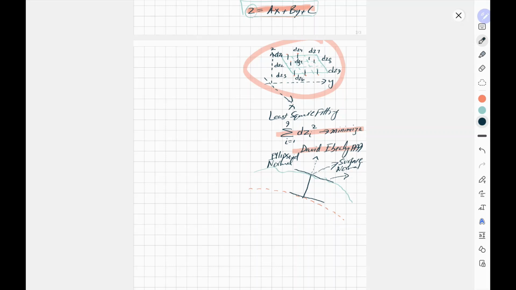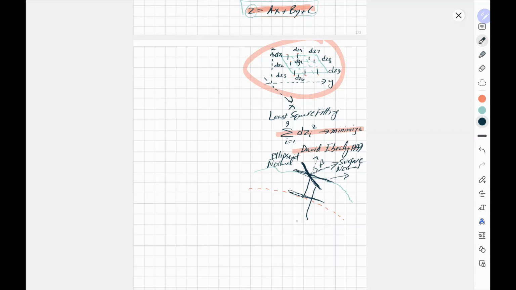The normal of the surface is subtended on the surface, while the ellipsoid normal is with respect to the tangent of the ellipsoid.